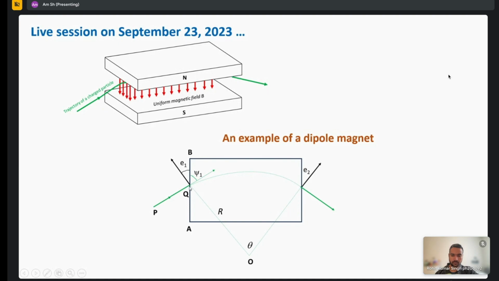Now you can see when it starts the circular path here, it will have a certain radius of curvature. This is the radius of curvature of this path when it is inside the magnet.